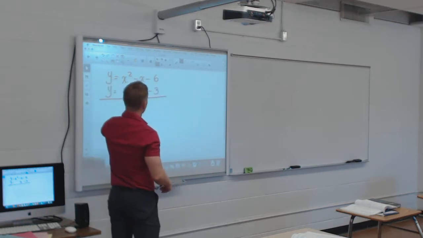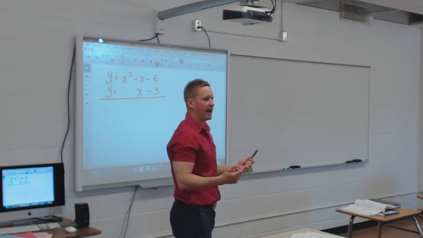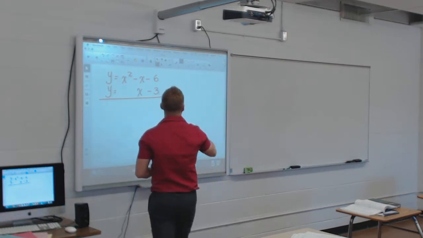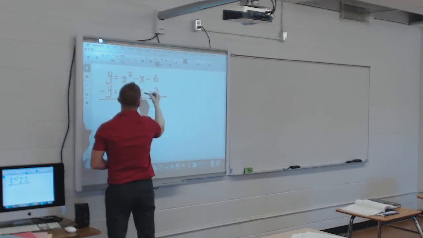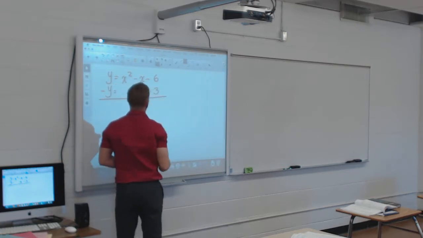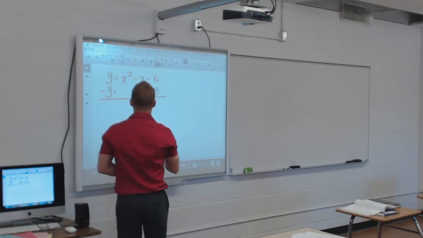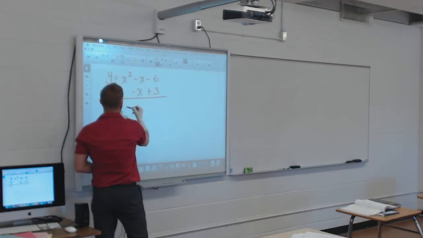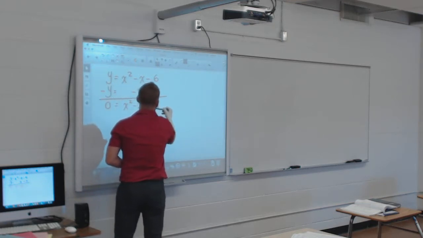Second one. Multiply by -1. Sure. Multiply by -1 and then add it. Okay, yeah, I like that idea. To me, that's the best. So I'm going to multiply by -1 and then add these two together. So that gives me 0 equals x squared minus 2x minus 3.